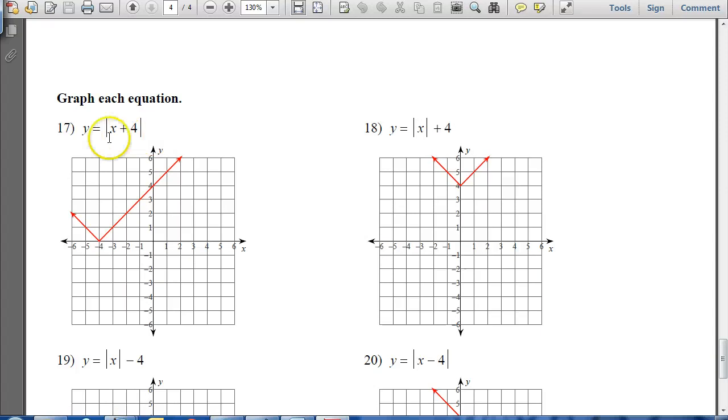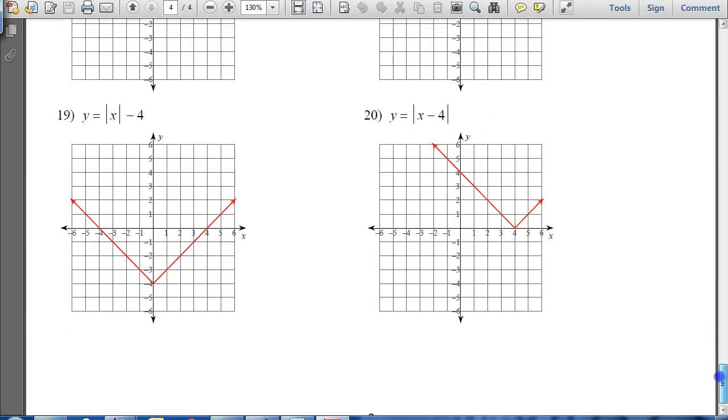So for the first one, y equals absolute value of x plus 4, notice how we have an x-intercept where x is negative 4, and it just so happens the vertex of the absolute value function is at negative 4. But when I had y equals absolute value of x and then plus 4 outside of it, the vertex is on the y-axis, where y is a positive 4.